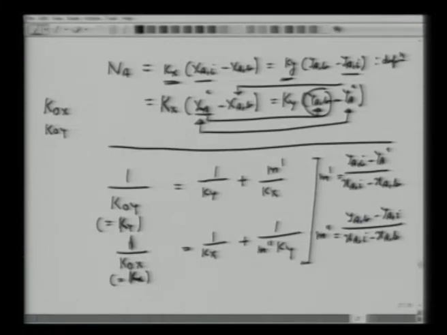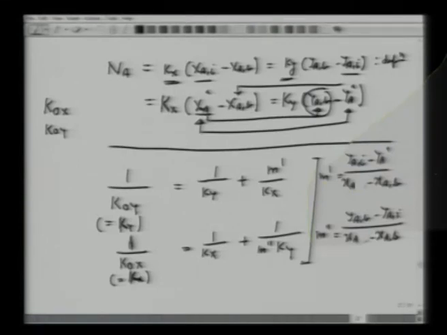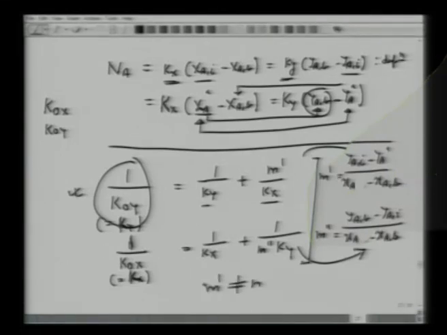So this is all by mathematical manipulations of these 4 equations. If we try to eliminate one from the other, one can show this as an expression for overall mass transfer coefficient in terms of individual mass transfer coefficients through these interfacial concentrations and the bulk concentrations. Okay, of course M prime doesn't equal M double prime. However, in the limit one can show that this is nothing but the slope of this equilibrium.